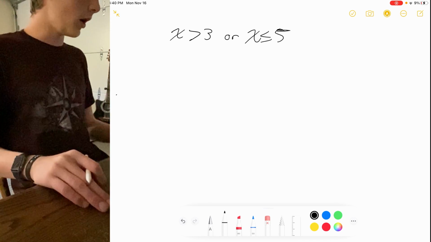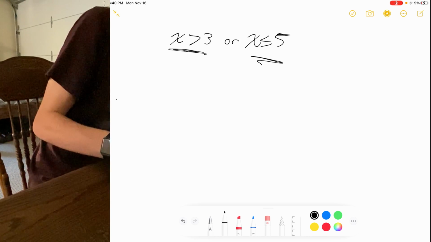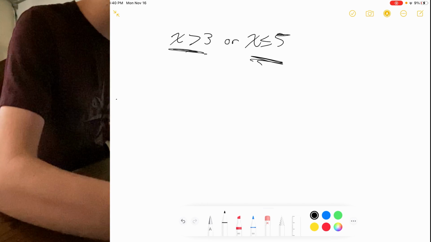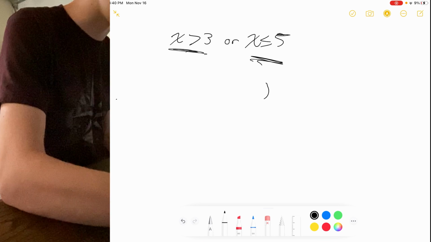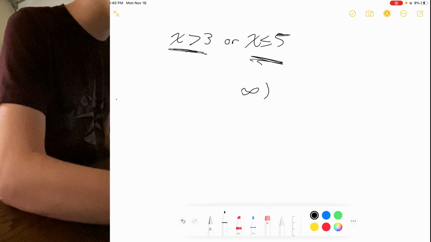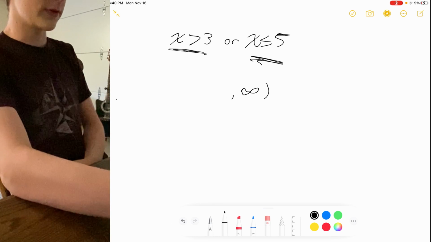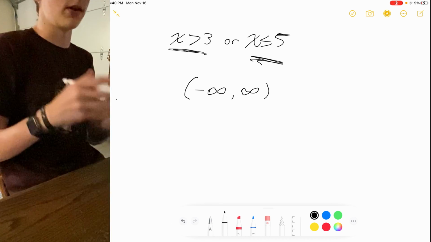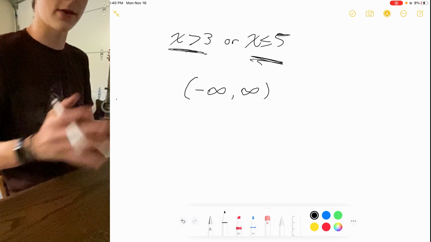And this particular union is actually going to turn out to be all of the real numbers. The reason is that x greater than 3 goes off to infinity to the right, and x less than or equal to 5 goes off to negative infinity to the left, right? So it's going to look like this. That would be all the numbers that satisfy that inequality.